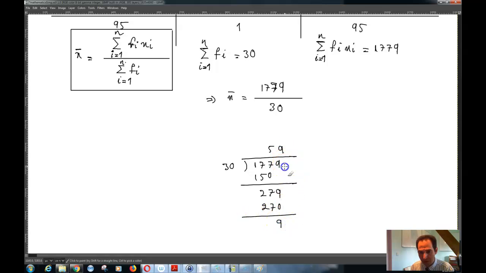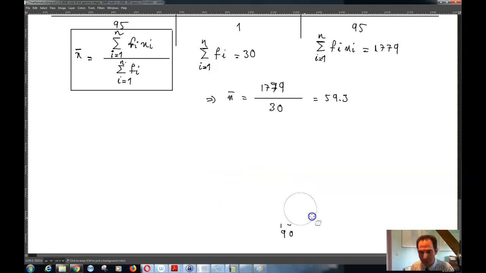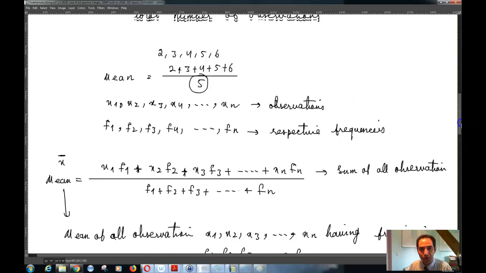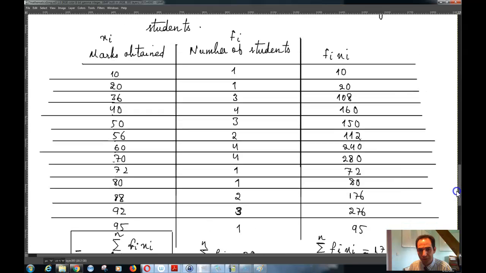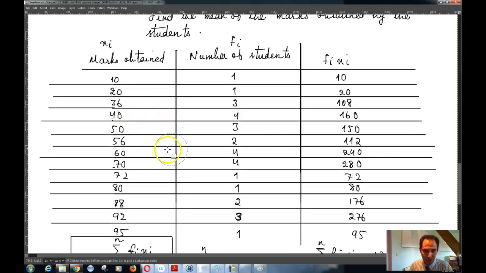I have a 9 here. Point 0. 3 times 30 is equal to 90. 59.3 is the mean of all of your numbers. So that's how you use this formula in order to find the mean of some observations like this.